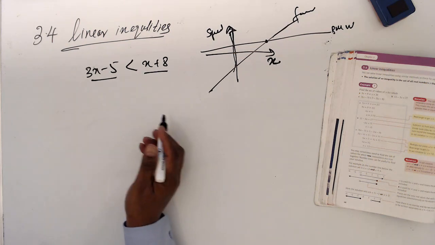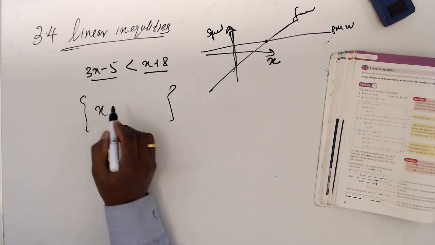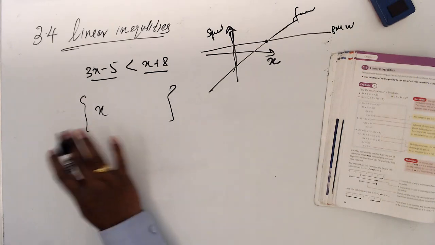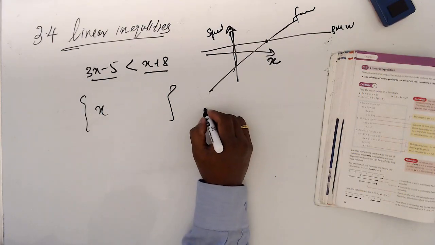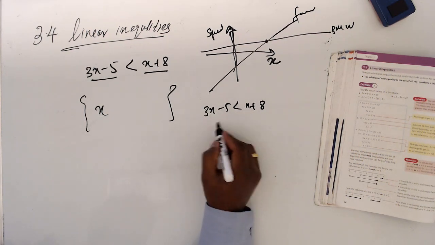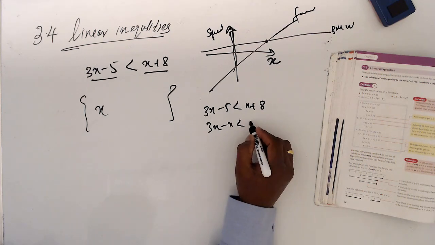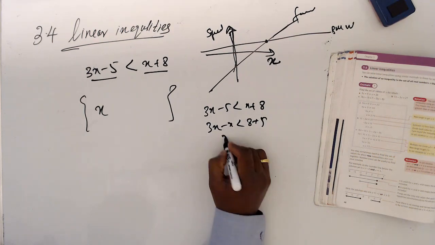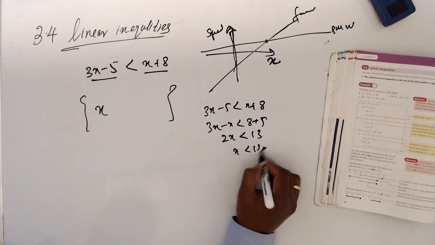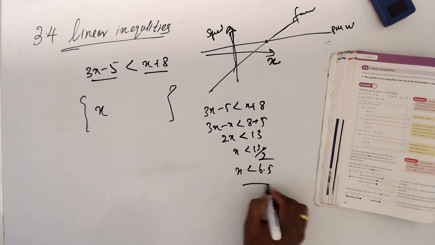What is the small technique? We have to solve this one. 3x minus 5 less than x plus 8, so 3x minus x less than 8 plus 5, 2x less than 13, x less than 13 over 2, x less than 6.5.